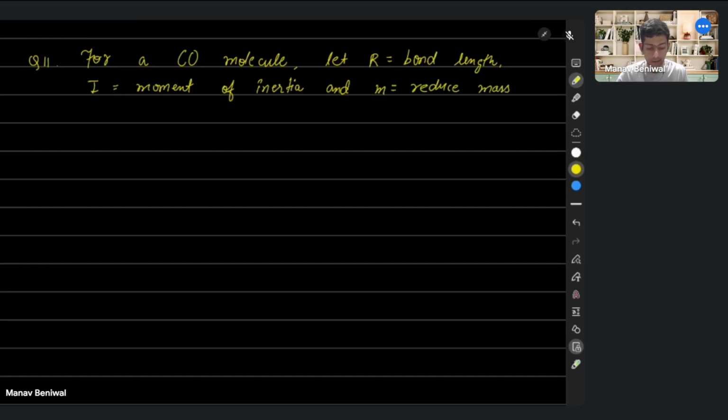Then the bond length R will be, so here are our options.